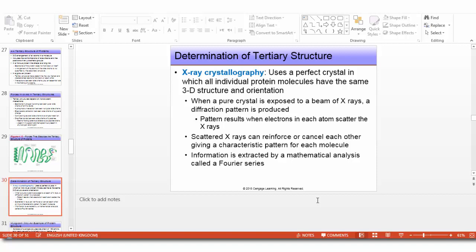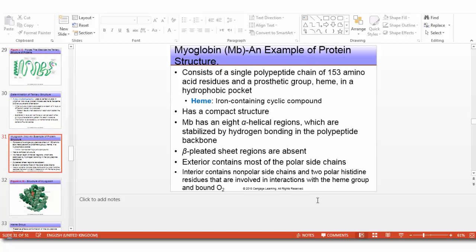Note that this technique was used to determine the tertiary structure of myoglobin, which now we want to talk about, and we take myoglobin as an example of protein structure. It consists of a single polypeptide chain of 153 amino acid residues and a prosthetic group, heme, in a hydrophobic pocket.